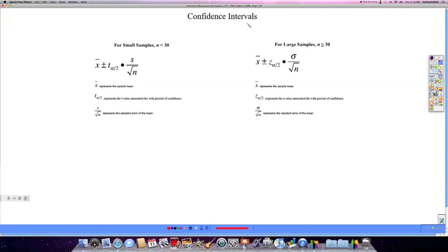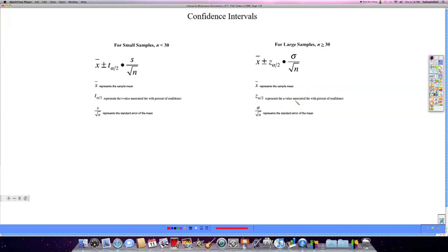Whether you're doing confidence intervals or hypothesis testing, which is chapter 9, or any other types of statistical procedures, if your sample is a large sample, now a large sample is defined as a sample with 30 or more units of data. That could be participants, subjects, readings, measurements, whatever your data is composed of.